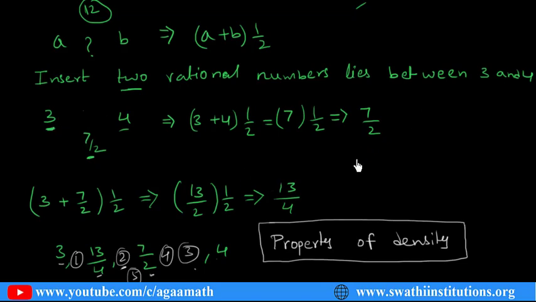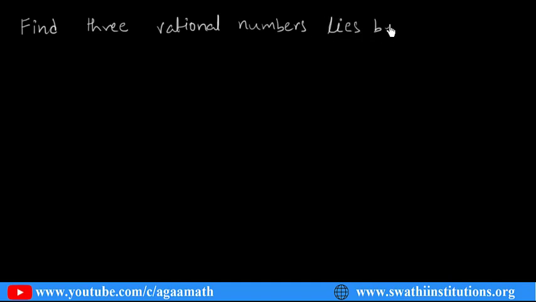Taking the same question, we can even represent it in another way. Now, find 3 rational numbers that lie between 3 and 5.